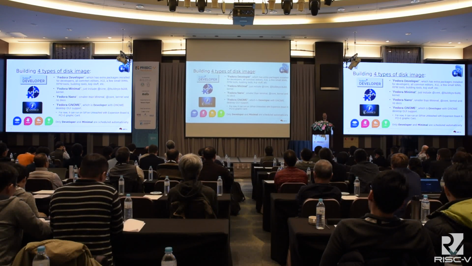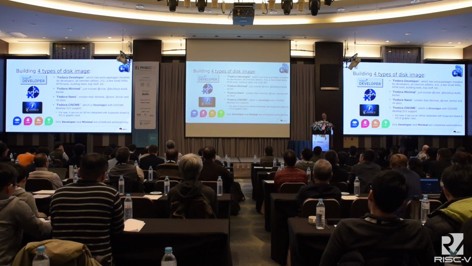We only build developer and minimal imaging scheduled automatically, because if we need to build a graphical one, we need to build a Genome imaging. It needs 3 days. We don't have too many VMs and real hardware to build it, so it costs too much. So we just build the developer and minimal imaging.